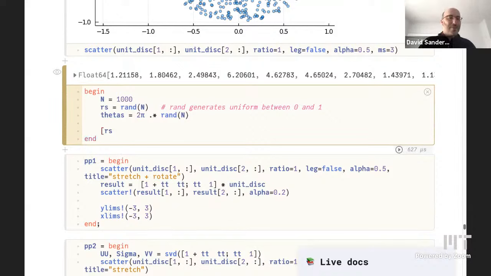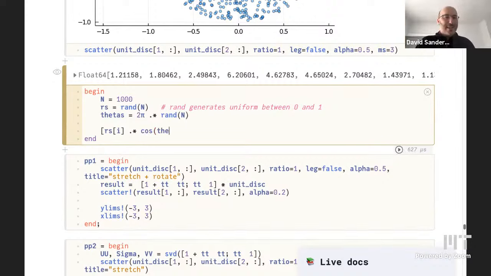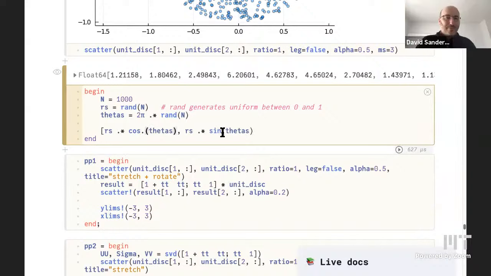You could go r's dot times cosine dot of thetas and r's dot times sine dot of thetas. Okay, yeah. You have to go cosine dot. Thanks. Cosine dot, sine dot.